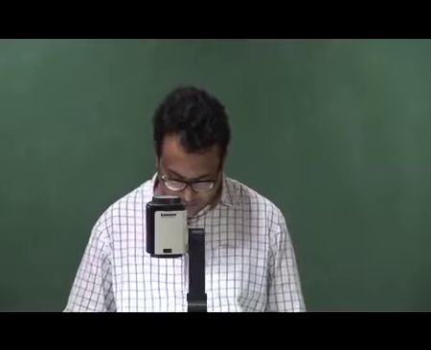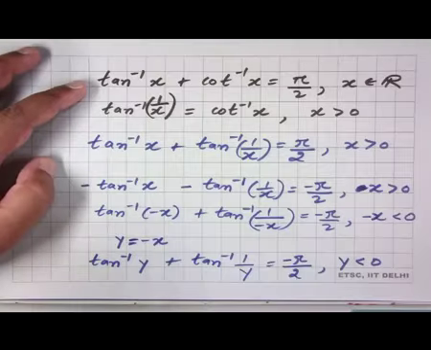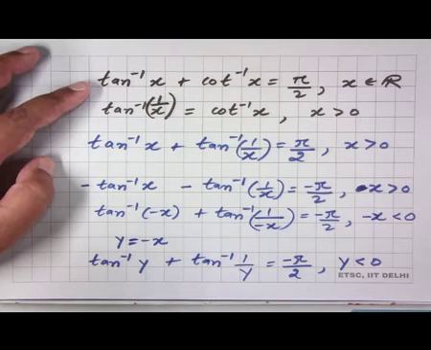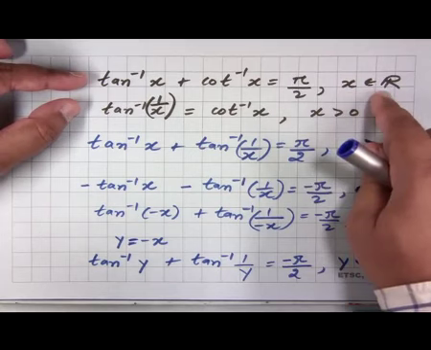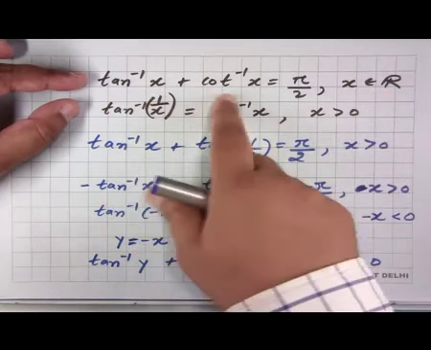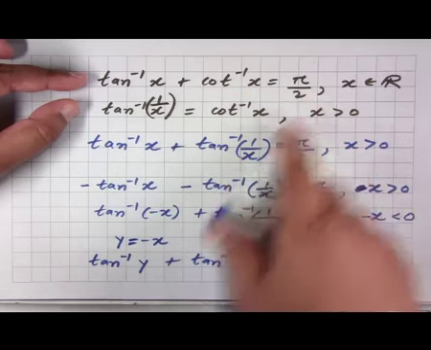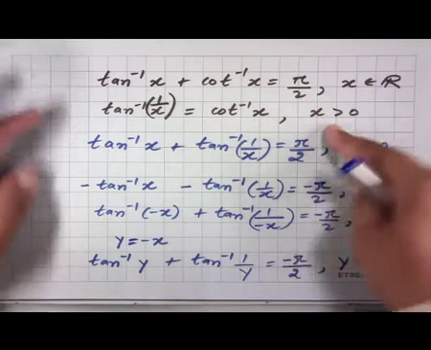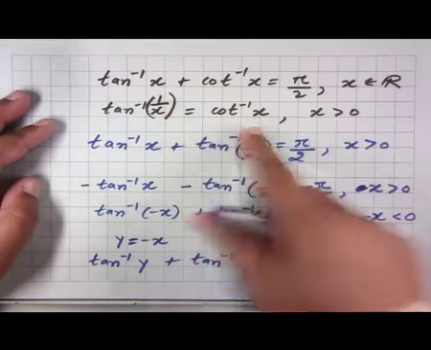To show these three conditions, we will need a small result, which we have already seen in the previous lecture, but I still thought of writing it down here. From the previous lectures, we have seen both these properties. One was that for any real x, the sum of tan inverse x and cot inverse x is pi by 2 always, and also that if x is positive, then tan inverse 1 over x is the same as cot inverse x.